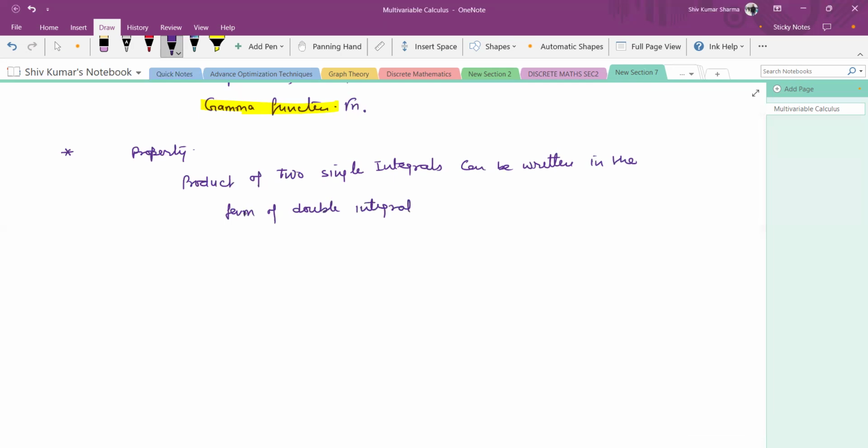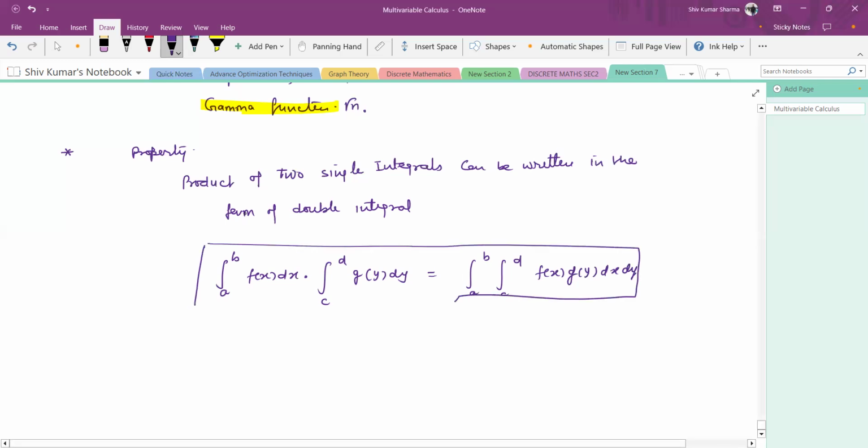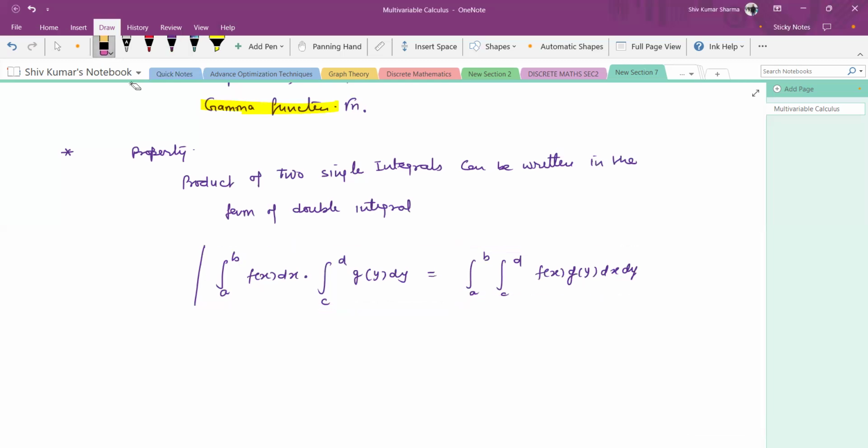That means when we have one integral from a to b f x dx, and another integral from c to d g y dy, this can be written as the integral from a to b, c to d, f x g y dx dy. So we remember this formula. We use this formula in a few cases.